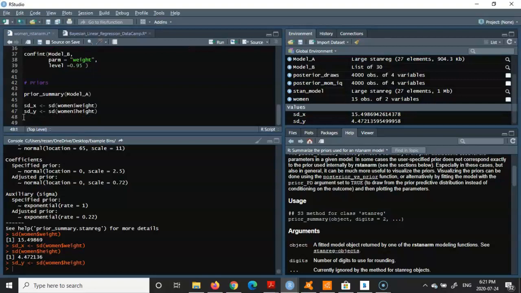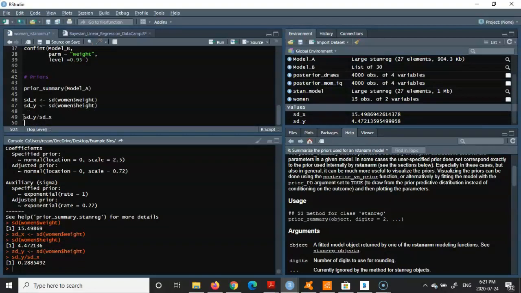Then we can come here and say SDY divided by SDX. That's the ratio that we have. Now I'm going to multiply that by the standard value that we had, which is 2.5.